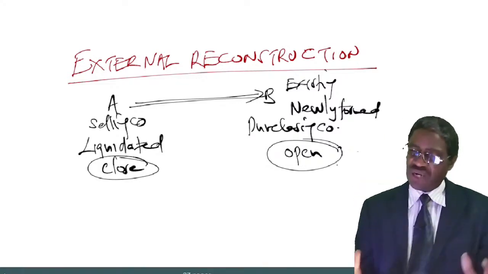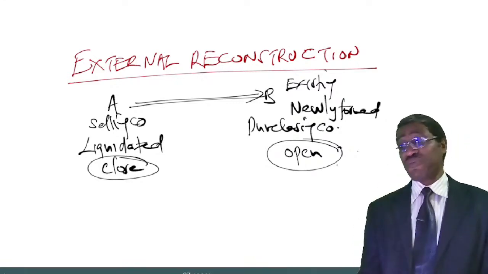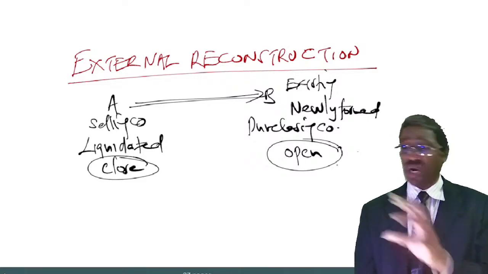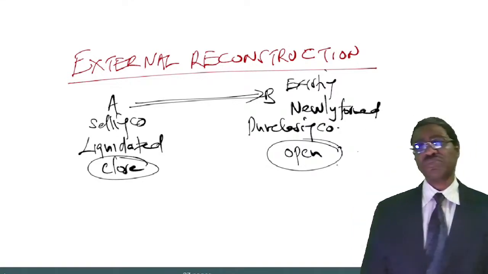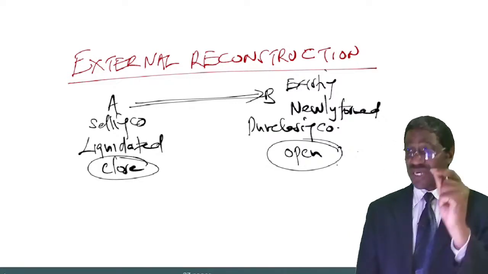That's how external reconstruction occurs. So maybe before we talk about the accounting entries, the books of the selling, put down this statement. The topic is external reconstruction. Put down the topic external reconstruction.